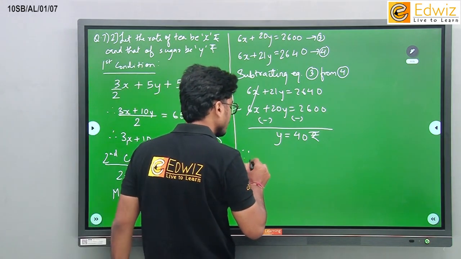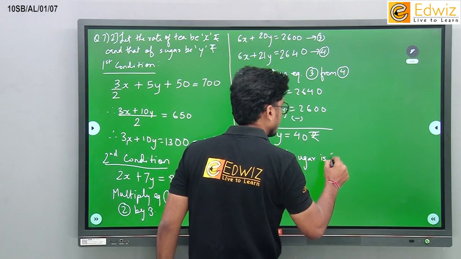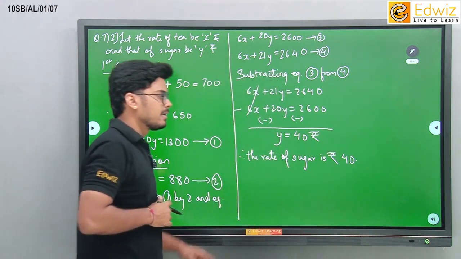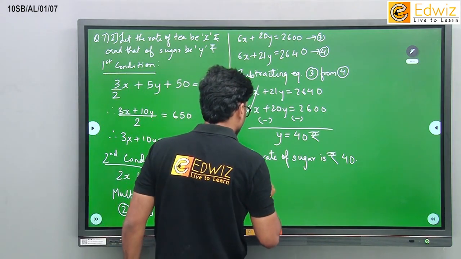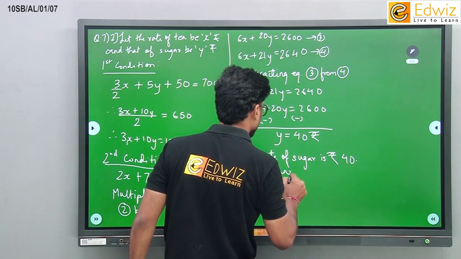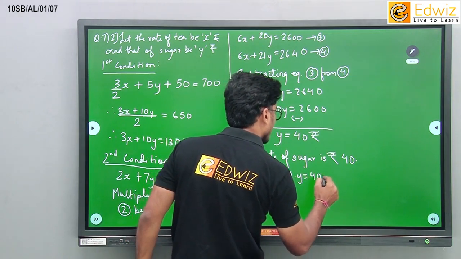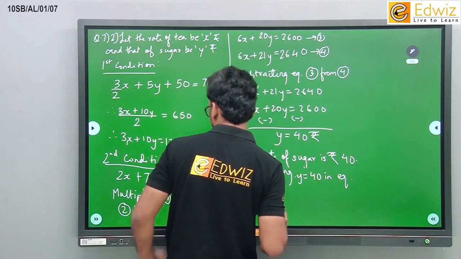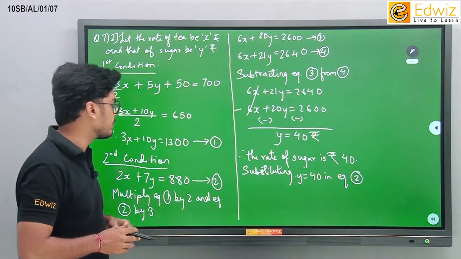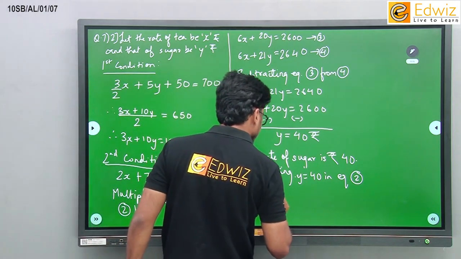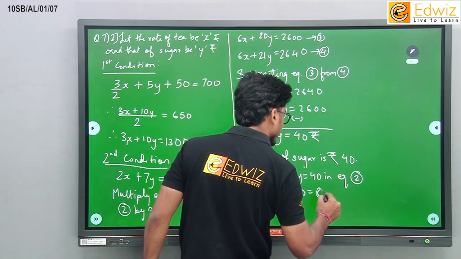Therefore the rate of sugar is rupees 40. Okay, now we have to substitute this in any one of the equations to find out the rate of tea also. So substituting y equal to 40, let us substitute it in the second equation because it is a little bit simpler. 2x plus 7y, meaning 2x plus 7 multiplied by 40, the value of y is now 40, equal to 880.